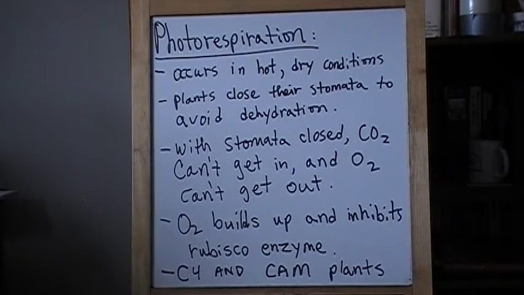Okay, finally, in Chapter 7, we have the principle of photorespiration. So photorespiration is a problem that plants have, and then there are certain plants that are adapted to deal with it.